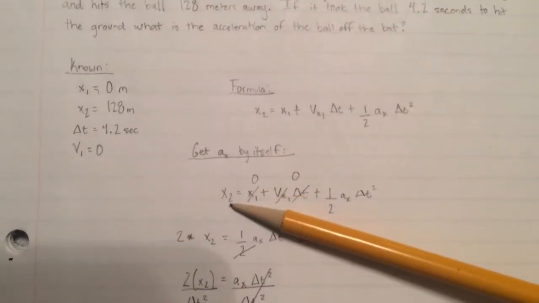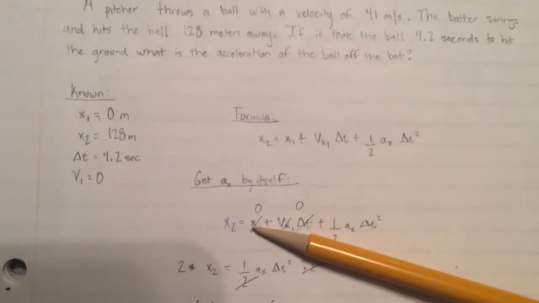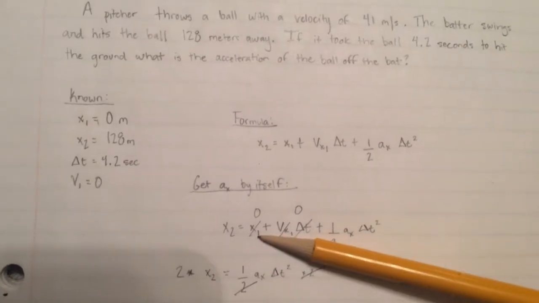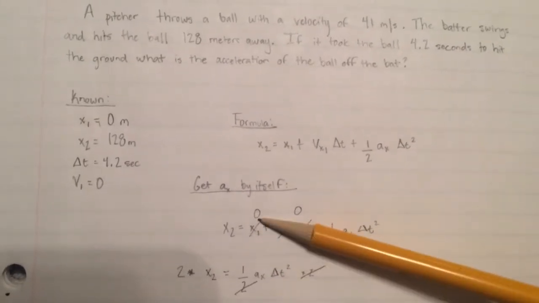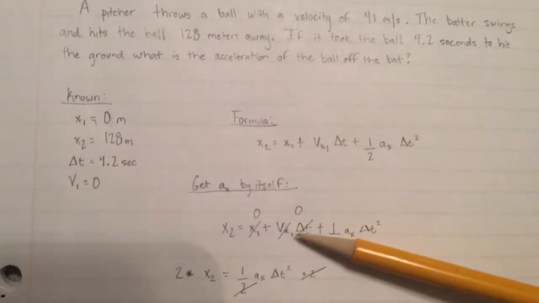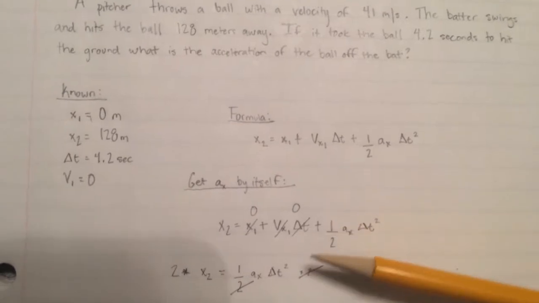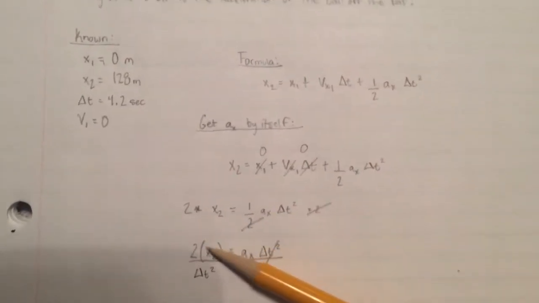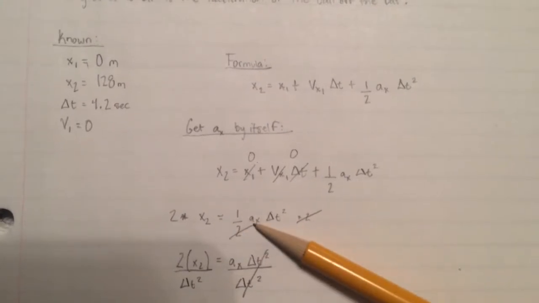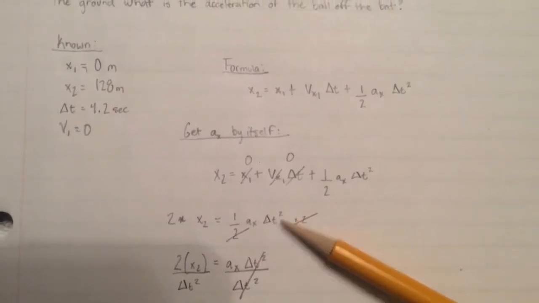So right here we take the second position and write the same formula out, and we know that x1 is 0, so we say 0 plus the initial velocity, which is also 0, times the time, so that will be 0. Then we say that x2 equals 1/2 times the acceleration times the time squared.